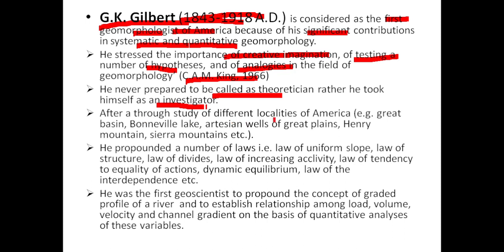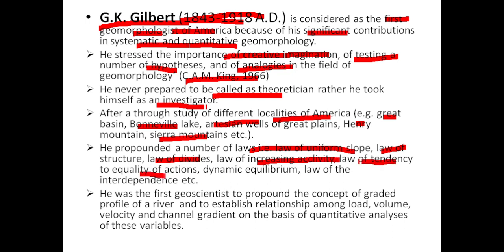After a thorough study of different localities of America, for example the Great Basin, Lake Bonneville, artesian wells of the Great Plains, the Henry Mountains, and the Sierra Mountains, he propounded a number of laws: the law of uniform slope, law of structure, law of divides, law of increasing acclivity, law of tendency to equality of action, dynamic equilibrium, and law of interdependence.